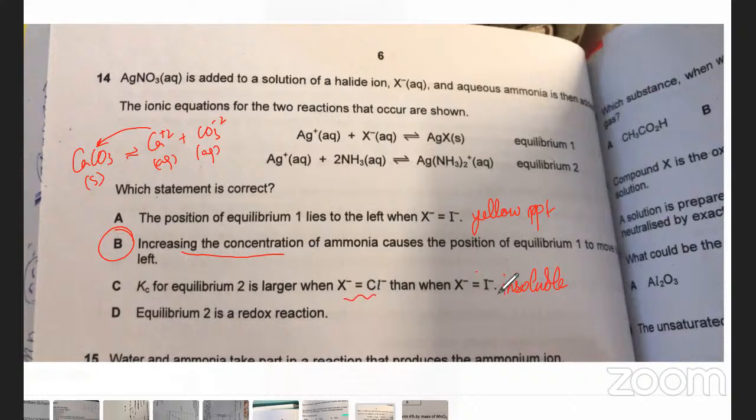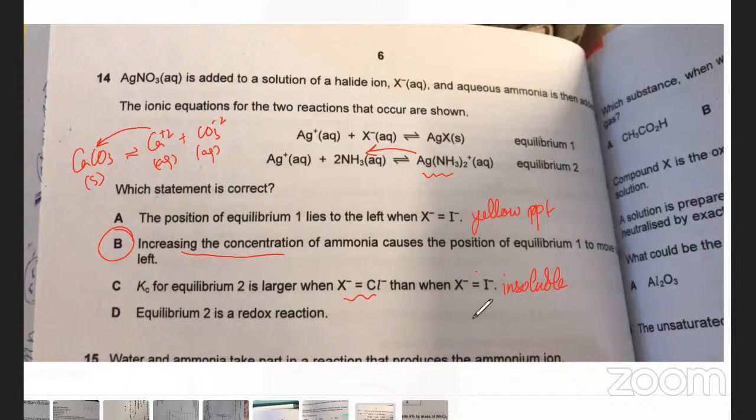So let's talk about I minus 1. It's insoluble. That means adding ammonia will have no effect, so the equilibrium is shifted to the left-hand side, right? Because adding I minus 1, nothing happens to the silver ions. You add any amount of ammonia, the precipitate does not dissolve. Is that clear? So it does not react with ammonia.